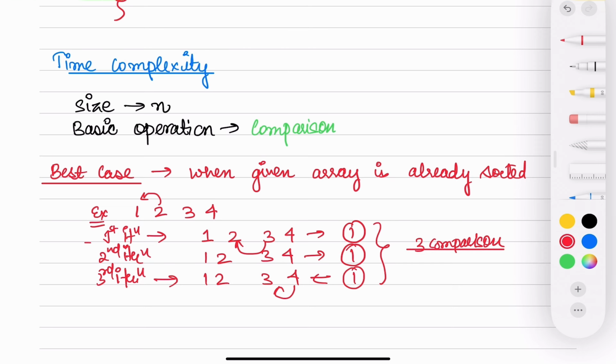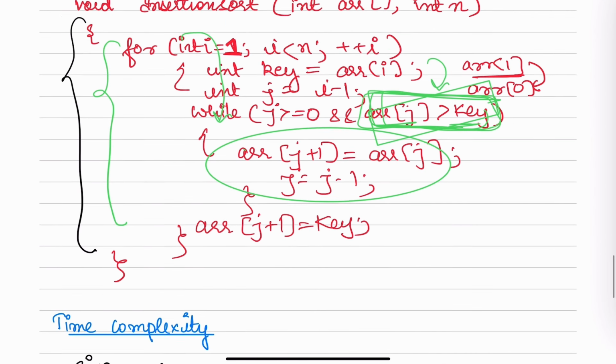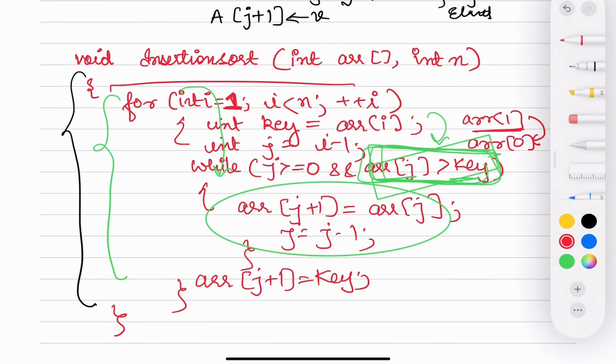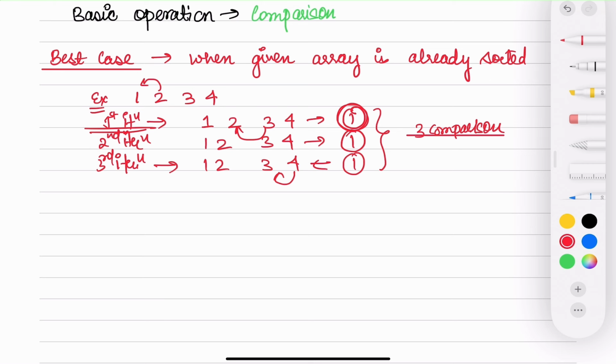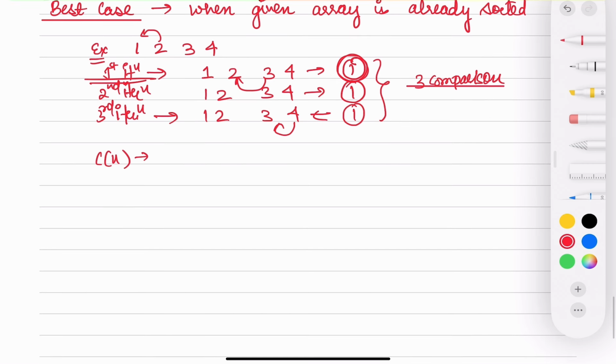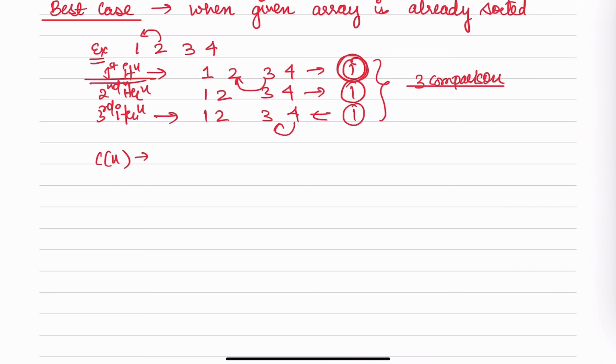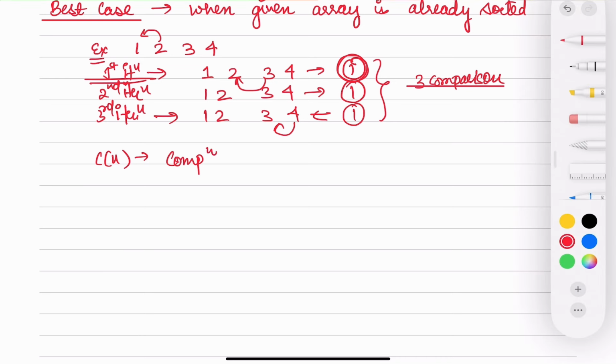One. And if you see this loop, it runs n minus 1 times. So if C(n) is the number of times the comparison is going to happen, C(n) will be the sigma from i equal to 1 to n minus 1 of 1, because we are doing one comparison at each iteration.